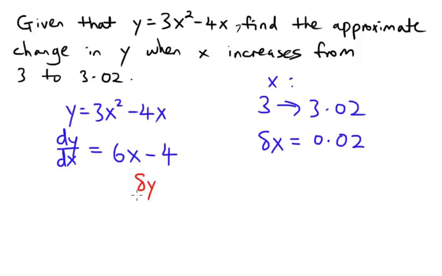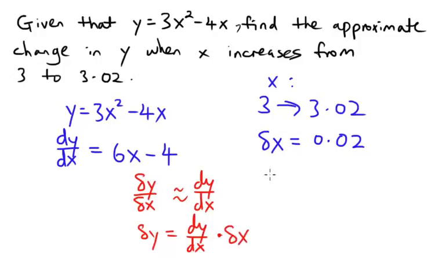Utilizing the relationship we have, delta y over delta x approximately equals dy/dx, so delta y equals dy/dx times delta x. Delta y equals 6x minus 4 times delta x, which is 0.02. And what is your x?